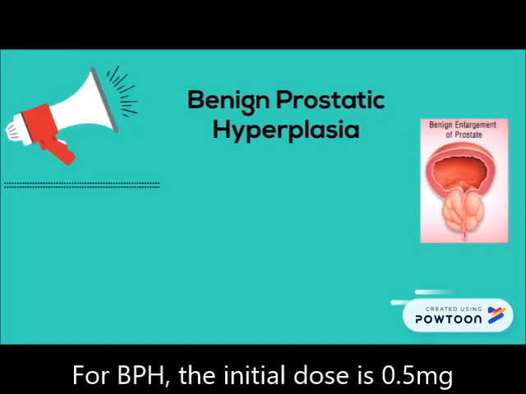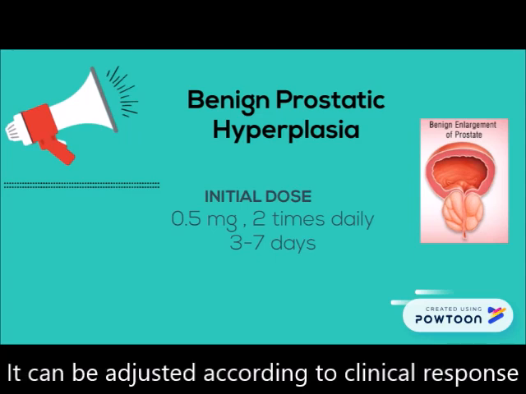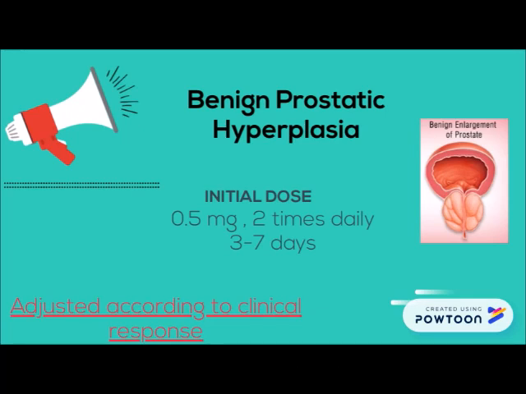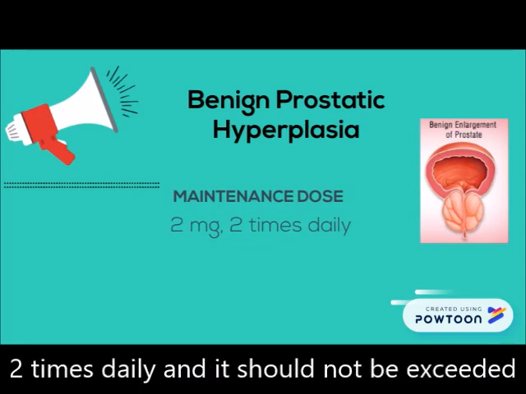For benign prostatic hyperplasia, the initial dose is 0.5 mg 2 times daily in a duration of 3 to 7 days. It can be adjusted according to clinical response. Its maintenance dose is 2 mg 2 times daily and it should not be exceeded.